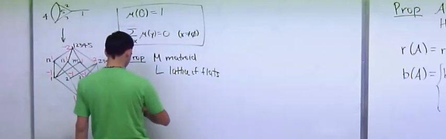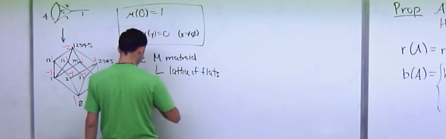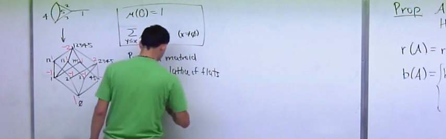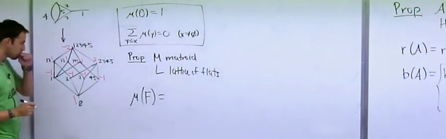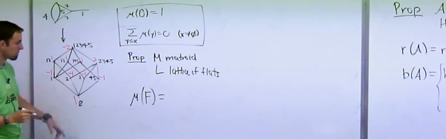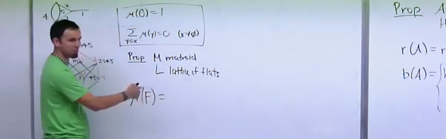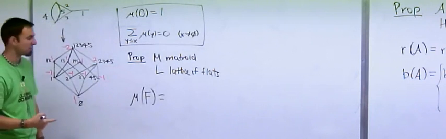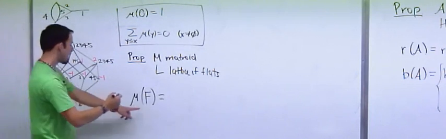So it goes like this. If you want the Moebius function of a flat F, hopefully we would get something like -1 to the something, but it's not so nice. What you get is this.